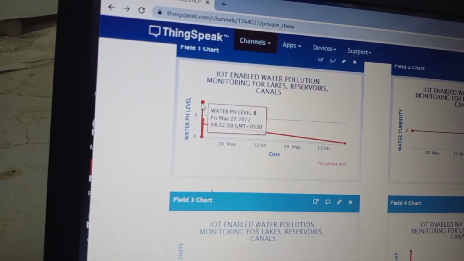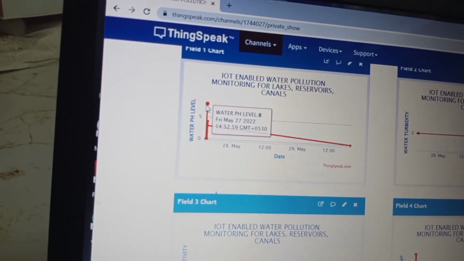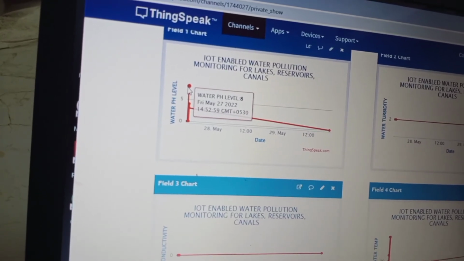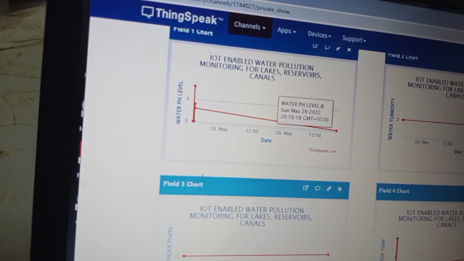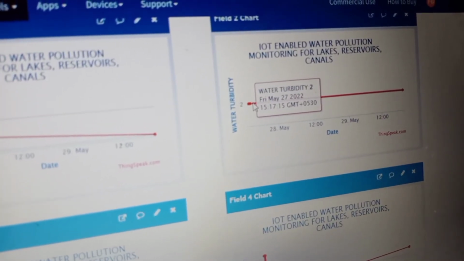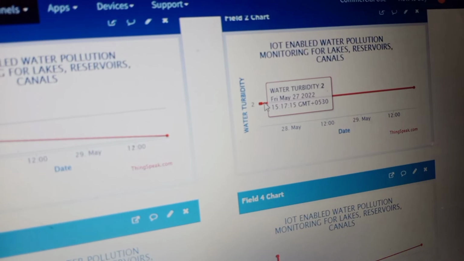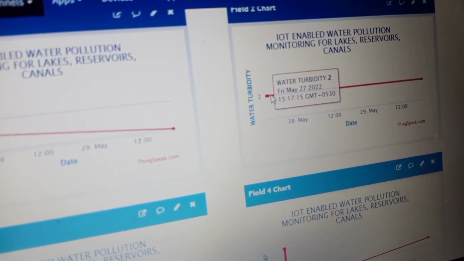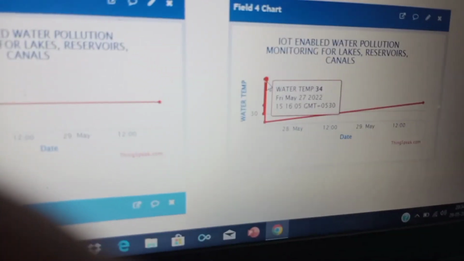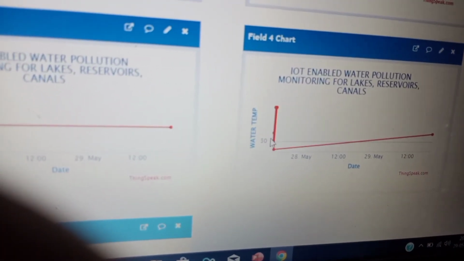It shows the water pH is 8, it means the water is alkaline. Water turbidity is 2, it means the water is dirty. These are different temperature values of different samples.